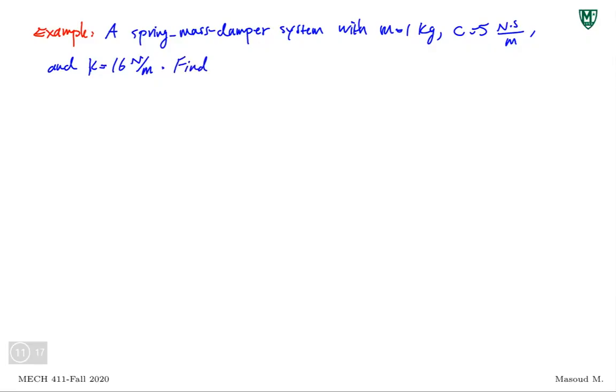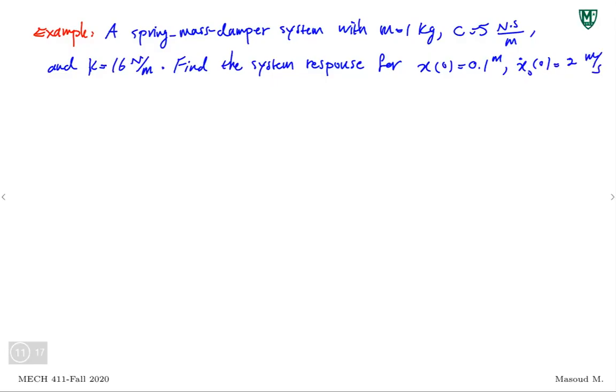Find the system response for initial conditions given as x at t equals 0 is 0.1 meter, system starts oscillating from here, and x naught dot at t equals 0, initial velocity, is 2 meters per second.